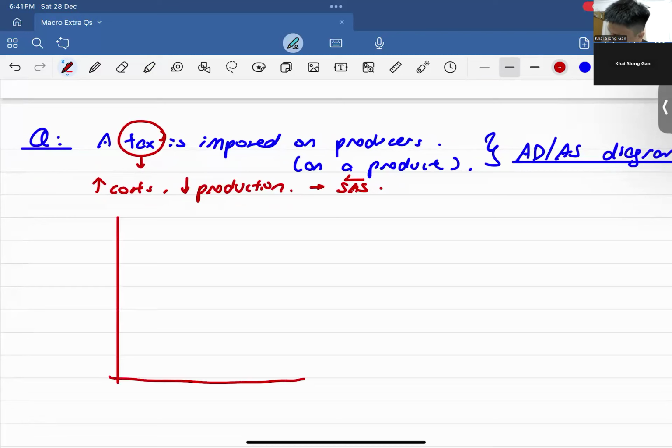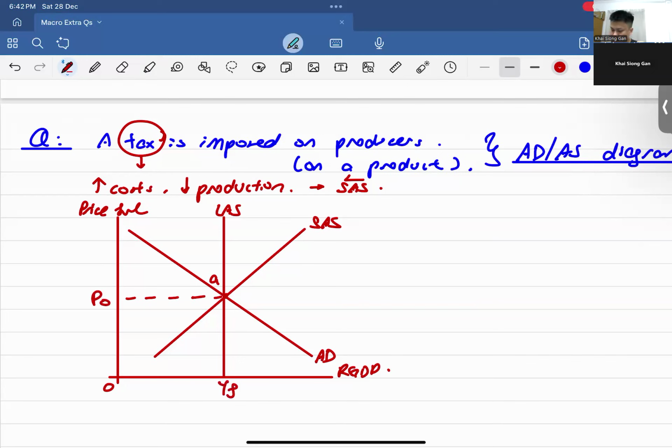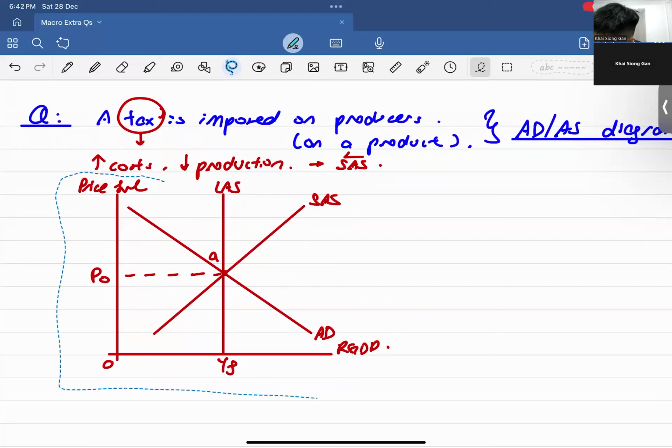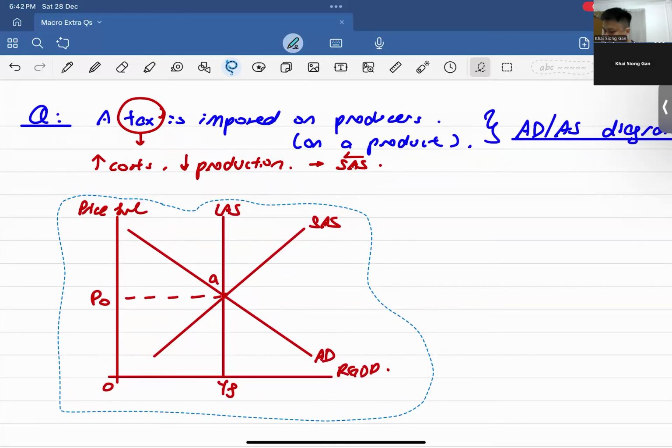Let's draw a graph. Assuming that I do not give you any assumption, I can assume it starts from full employment. Now you must be expert already doing all this graph drawing, like artist already. That is your initial point.